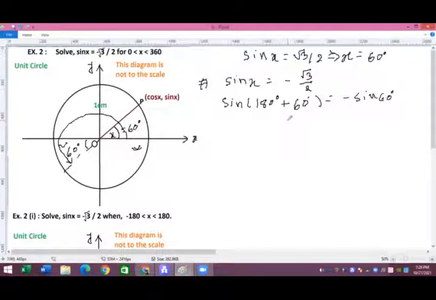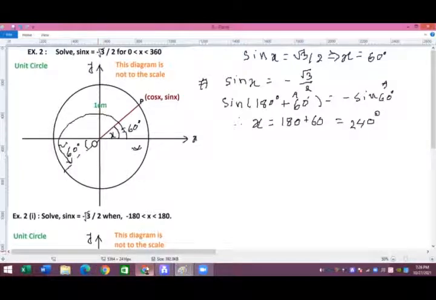Otherwise you can go to the calculator and check whether or not these are equal, and also this is the formula: sine of 180 degrees plus a equals minus sine a. So one of the possible values in this case is 180 plus 60, and if you add them it is 240 degrees.